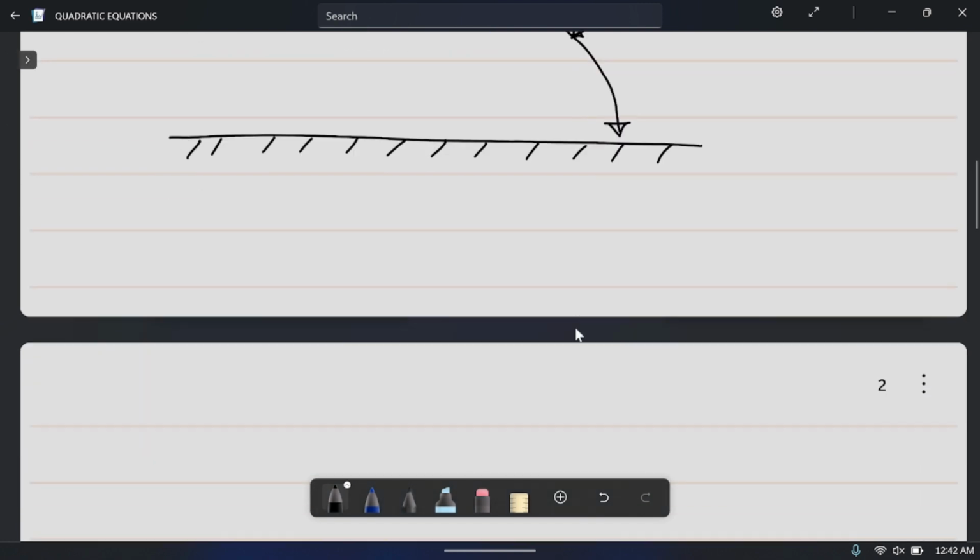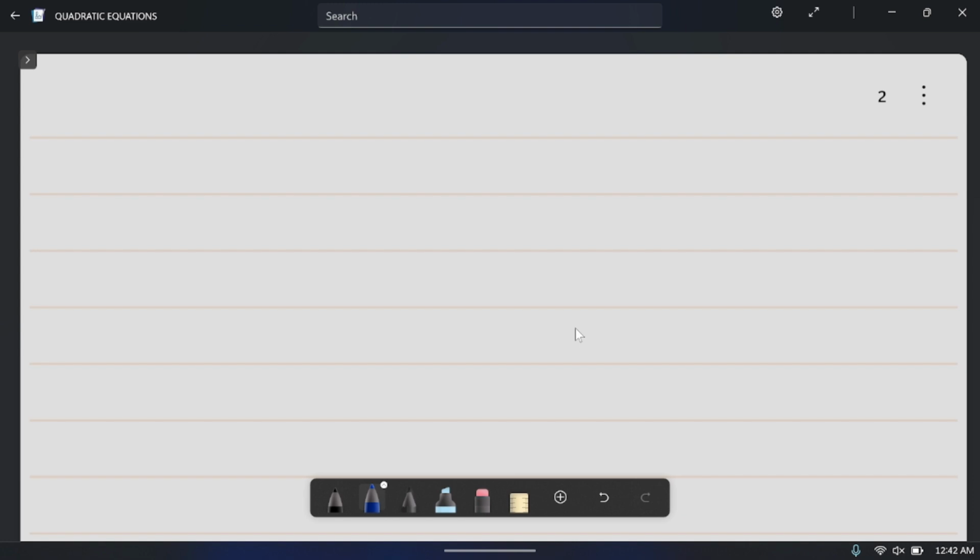So how do we solve quadratics? Throughout this series, you'll learn 4 ways of solving quadratic equations. And these ways are, I'll list them below. We have the first one called factorization.